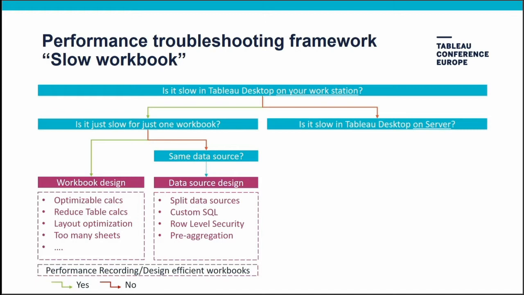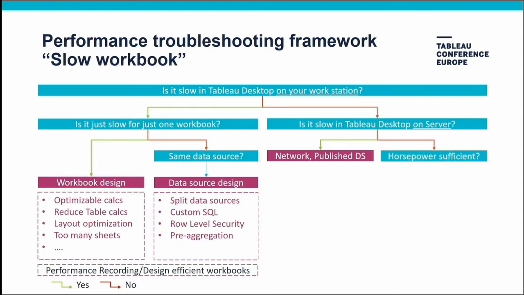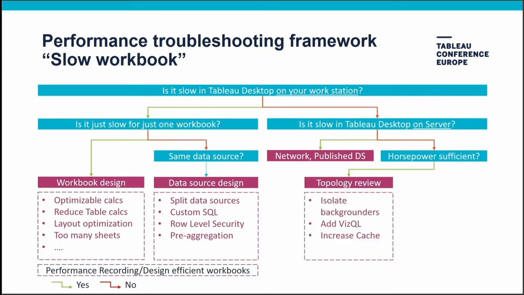The other thing is, if the workbook is working fine on the desktop, but on the server it's slow, then again, these are the things that you need to consider: the network, or whether you're using published data sources. If all of that is fine, maybe it's related to the hardware of your server.